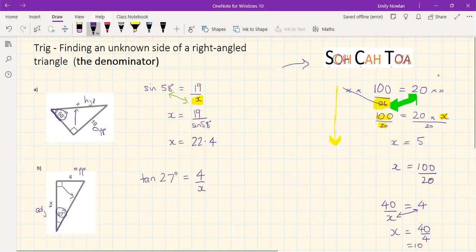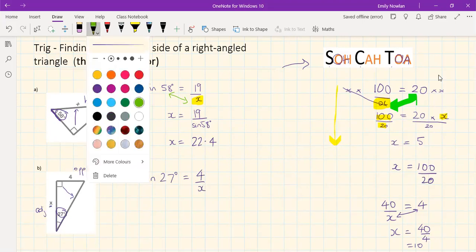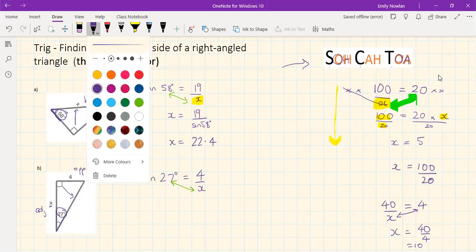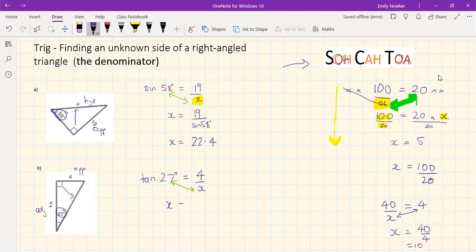Now, again, we want to do the switch up. You can see there that we've got an x on the bottom. So we want to get it up on the top. We just want to switch it like we did before. So we put our x here. x is equal to, we leave the 4 where it is, but now we're going to divide by tan 27.